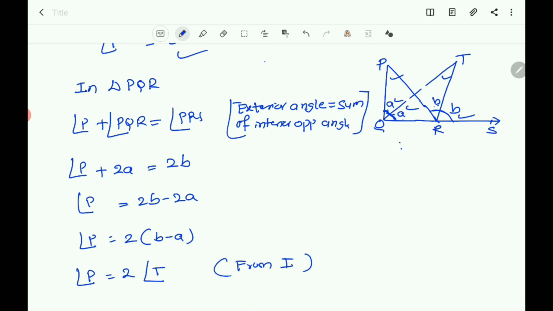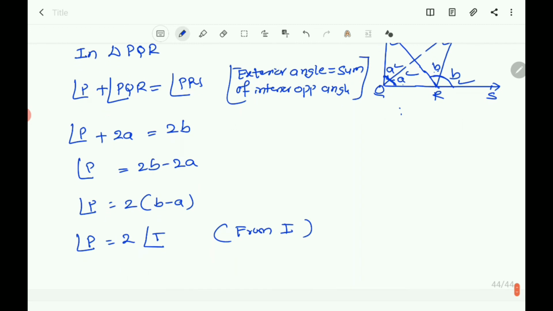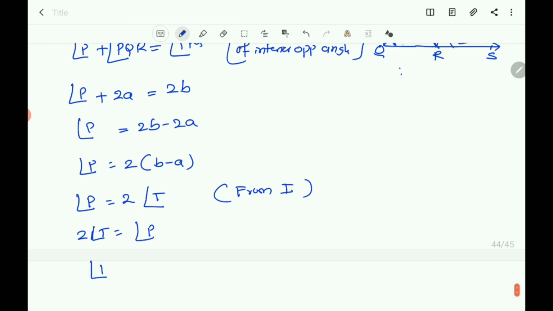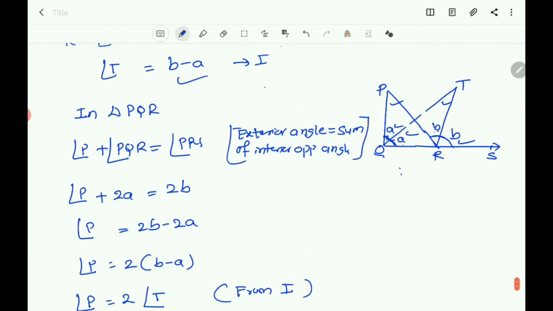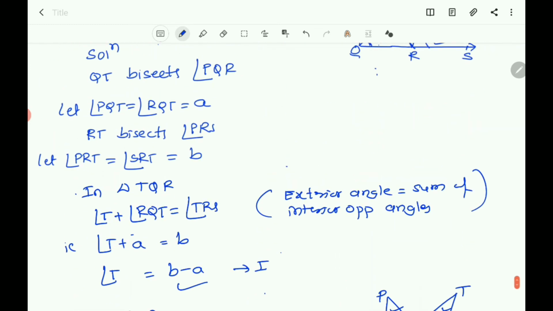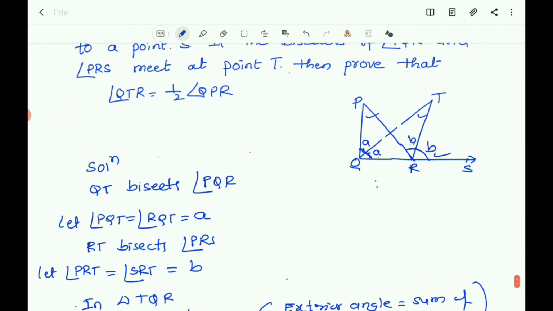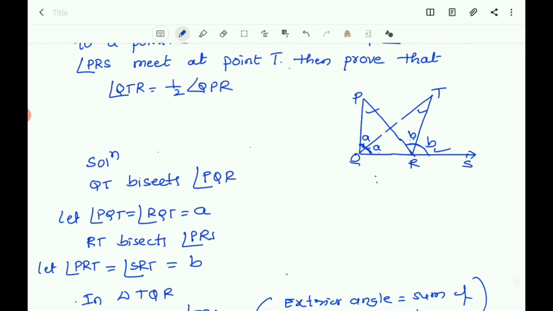So 2 angle T is equal to angle P. So angle T is equal to half angle P. Angle T means angle QTR and angle P means angle QPR.